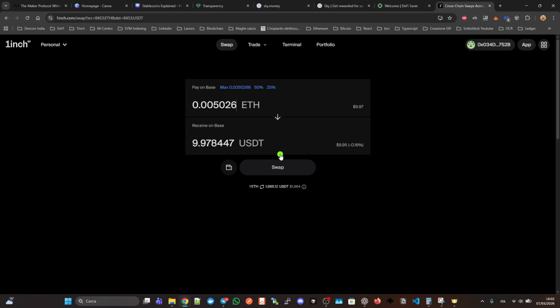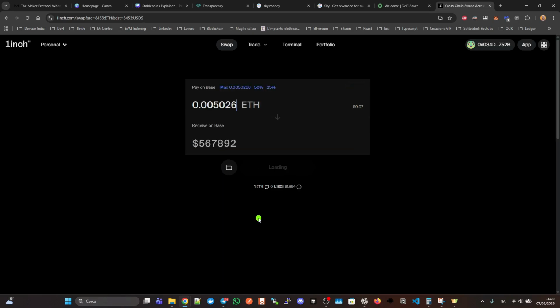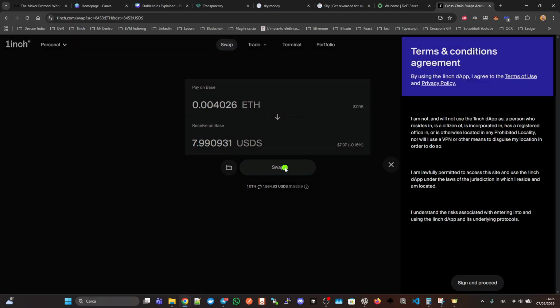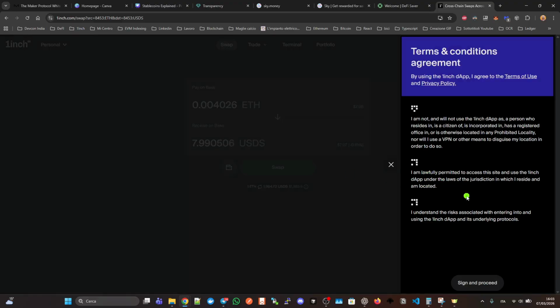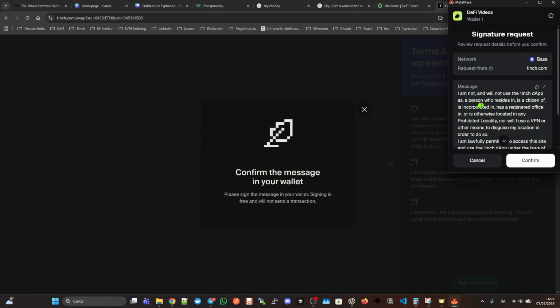Otherwise, we can swap, for example, for USDS, which is the new version of DAI, and maybe I don't want to swap the whole amount. Maybe I want to make something less, let's say 0.4. Okay, I want to continue with this swap. Okay, I must sign this and agree.